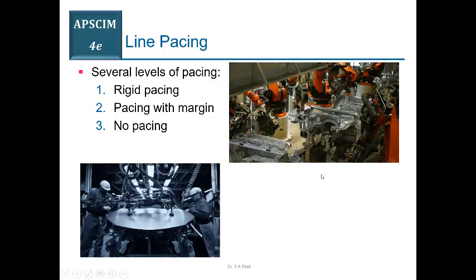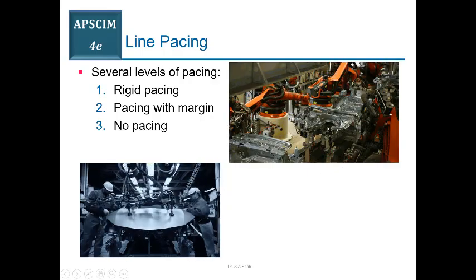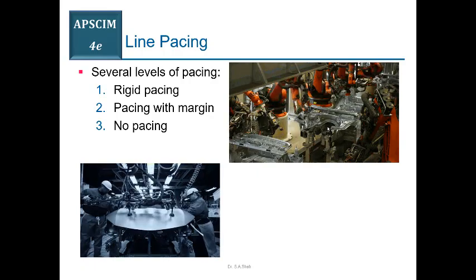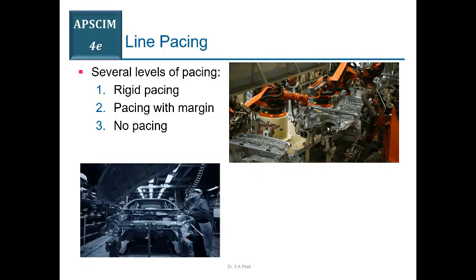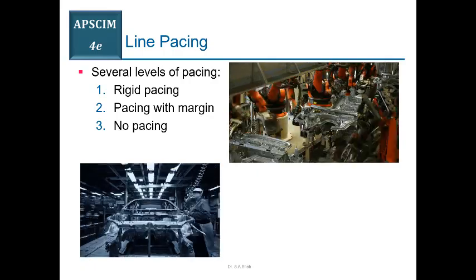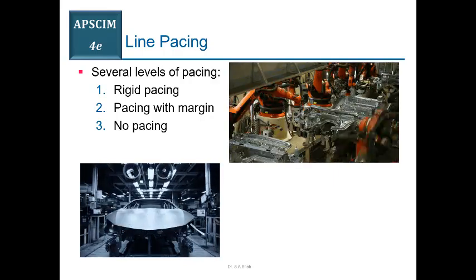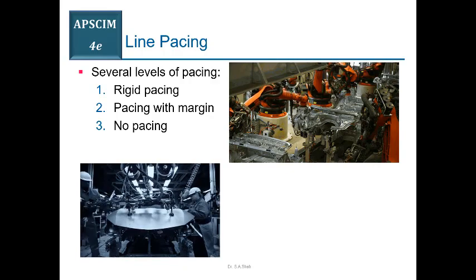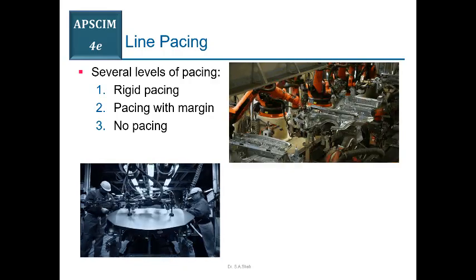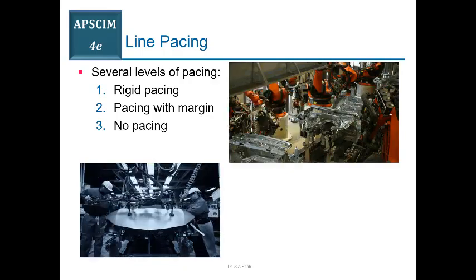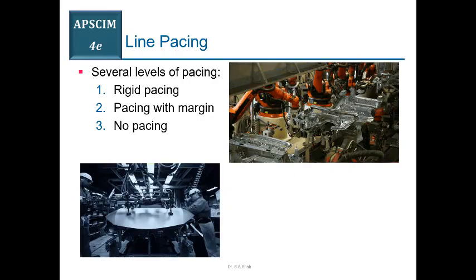He will start assembling things on the base component, and suppose 1 minute is the cycle time, so after each 1 minute that part will automatically move on to the next workstation. So during that 1 minute the worker must complete his task.